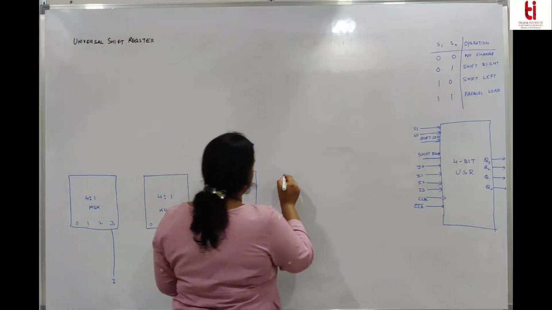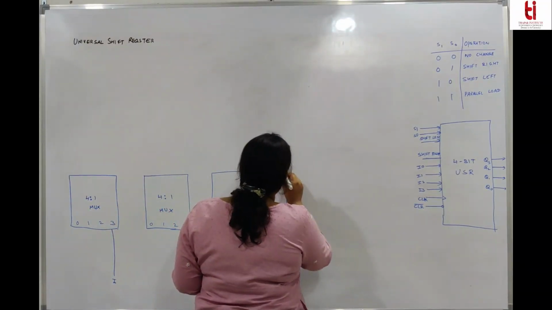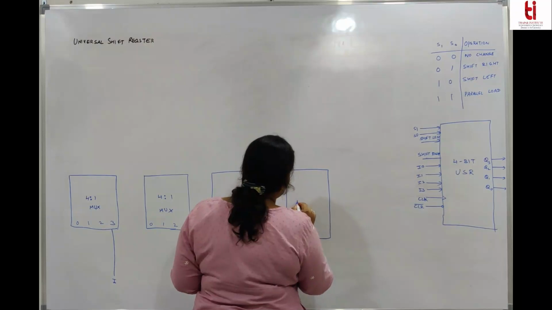Since it's a 4-bit universal shift register, we will require 4:1 muxes.